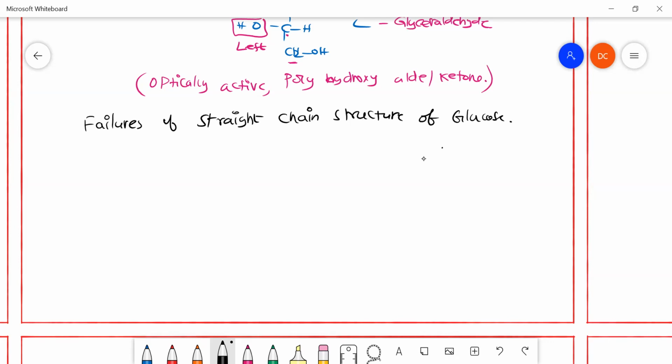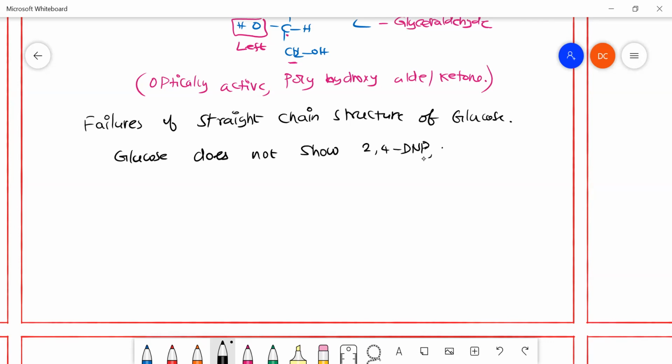The first thing is glucose does not show the 2,4 DNP test. The 2,4 DNP test does not take place in glucose.